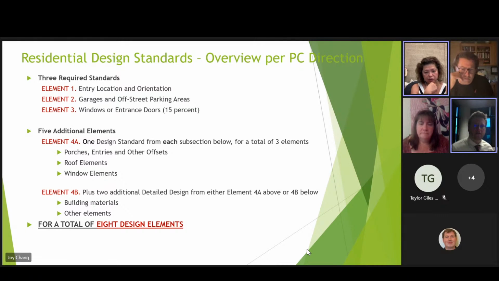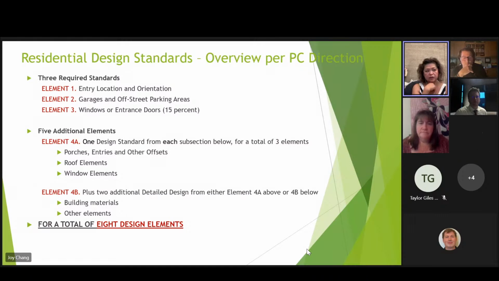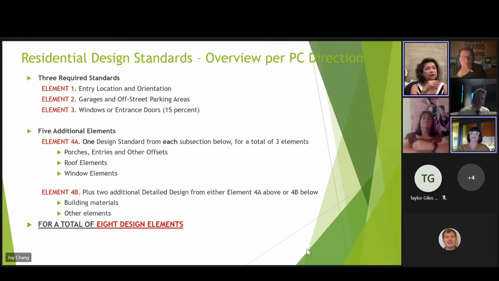So definitely we were working with a consultant, and within that consultant team there was an architect. And these are typical standards that we would usually see as design elements for typical homes. I was just reviewing the very first draft that we provided, and it listed 17 elements, outside of the 3 that were standard, which are entry location, garage, and window.